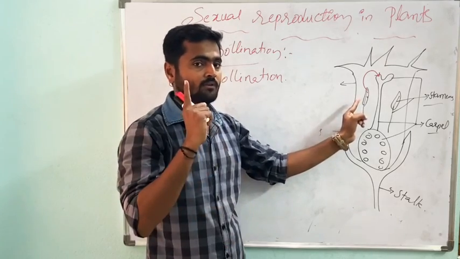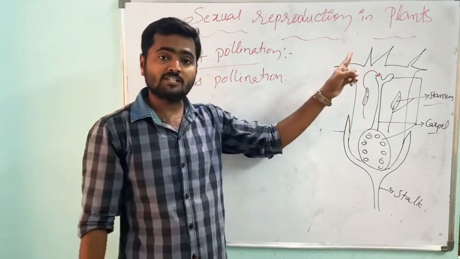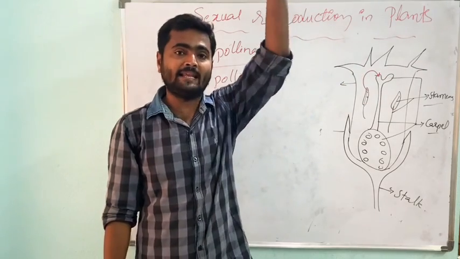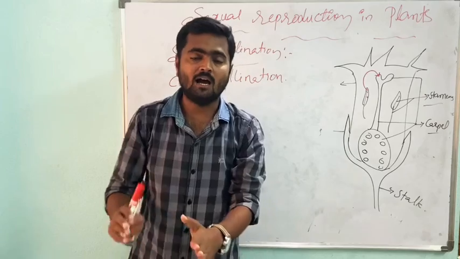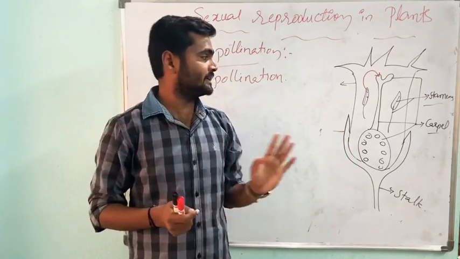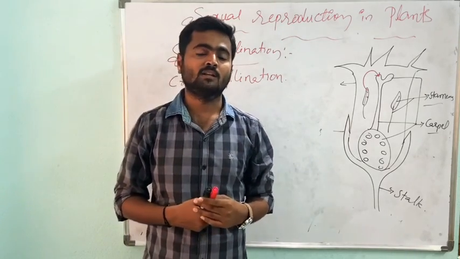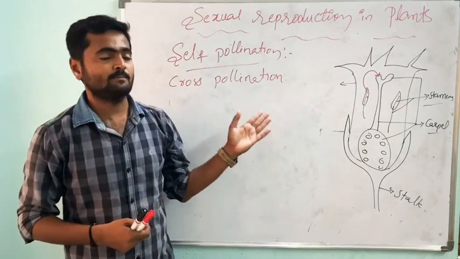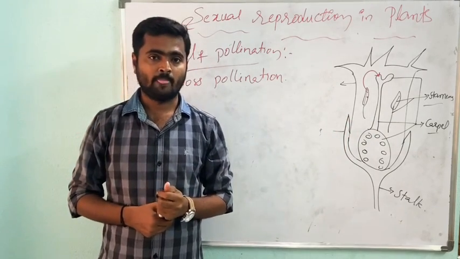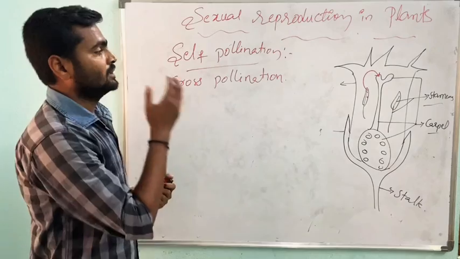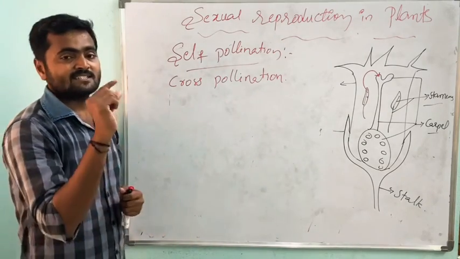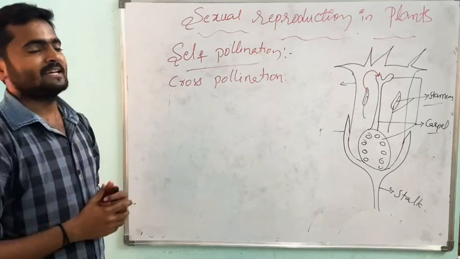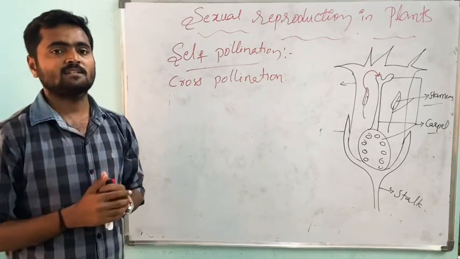So that is called cross-pollination. Many plants prefer cross-pollination. Example: Datura, etc.